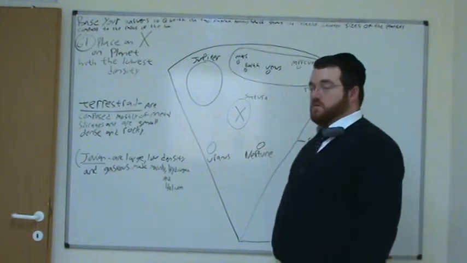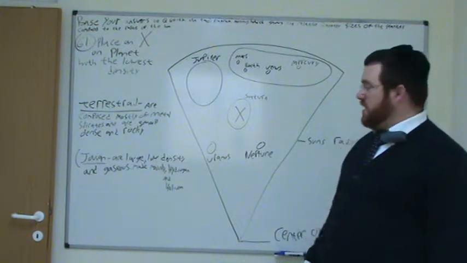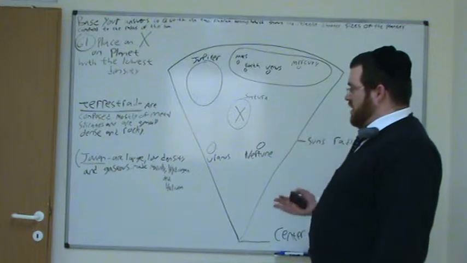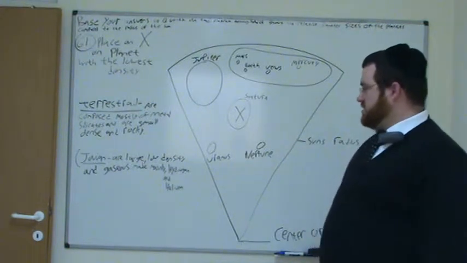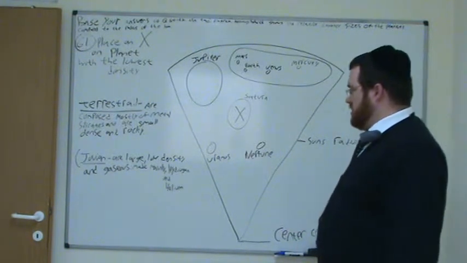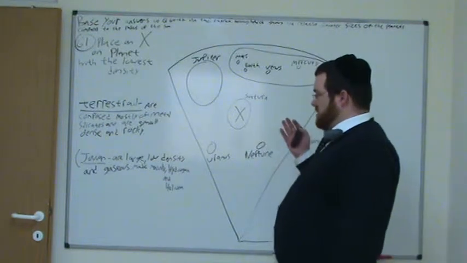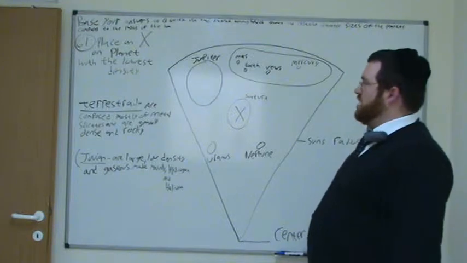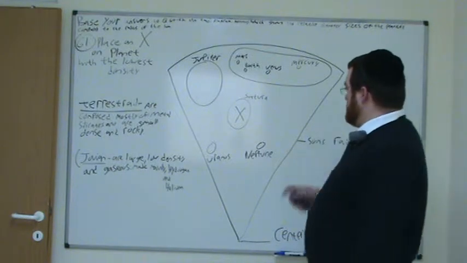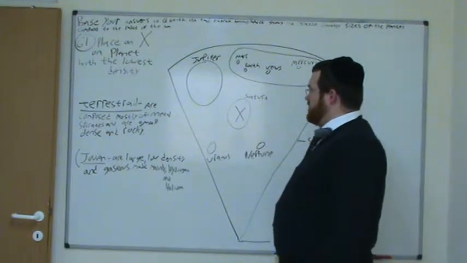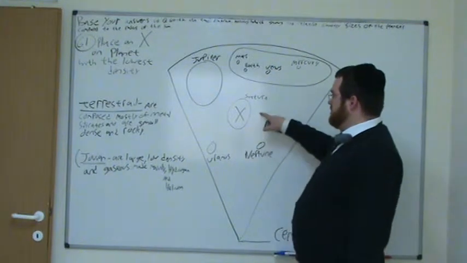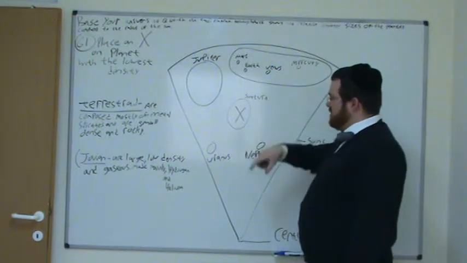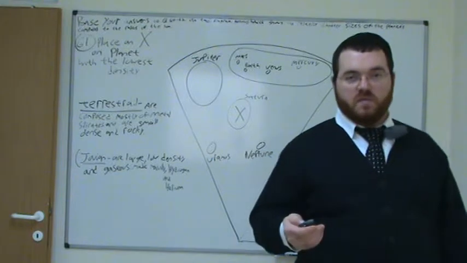So that's one of the Jovian planets, because the Jovian planets are large, low density, and gaseous, made mainly of hydrogen and helium. So from these large planets with low density, which one has the lowest density? The answer is Saturn. So I put an X on Saturn. So the answer to question 61, make an X in the middle of Saturn.